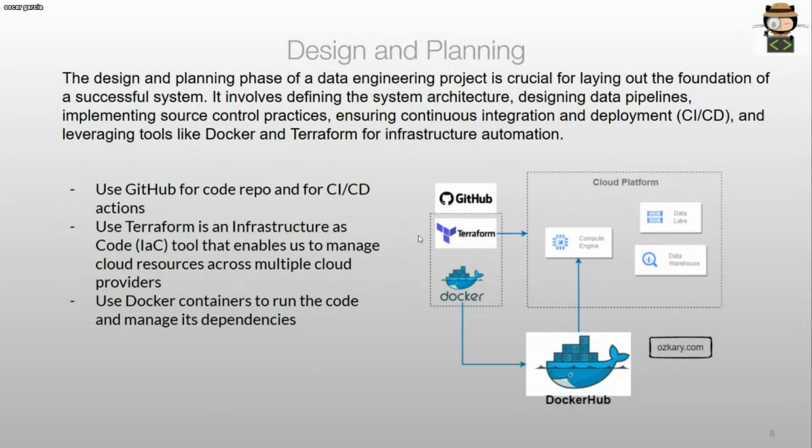For example, I want to build a data lake, a data warehouse, and a VM with these configurations. And we can use GitHub and CI/CD pipelines or GitHub Actions to deploy infrastructure. It's completely different from deploying code, right?